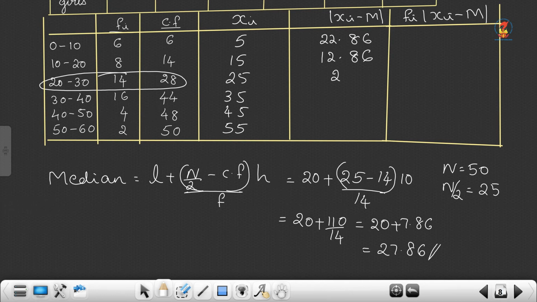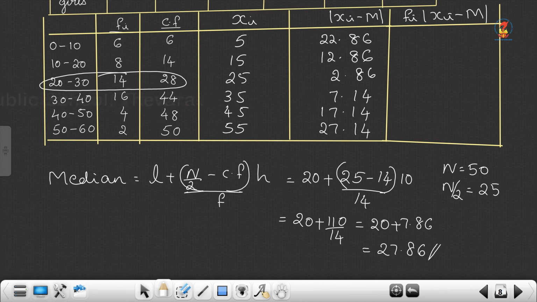Then 2.86. But the next is 35 minus 27.86. So 35.00 and 27.86. That is 14. Then here 8, 7. That is 7.14. 7.14, then 17.14 and 27.14.